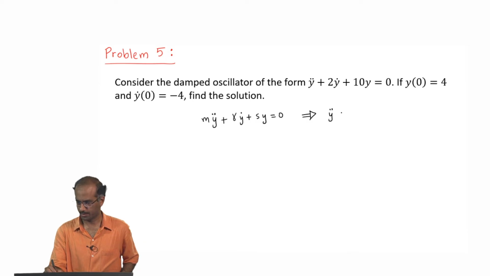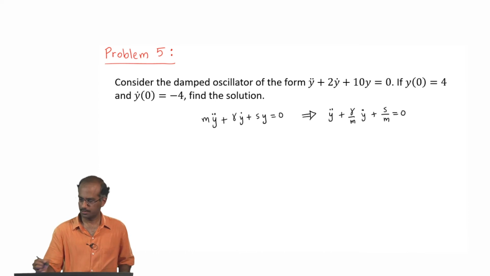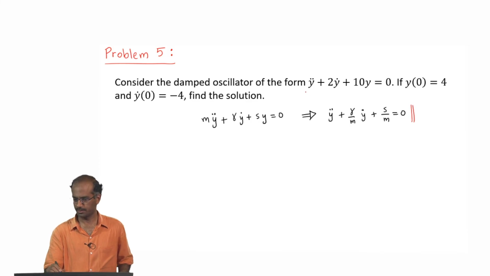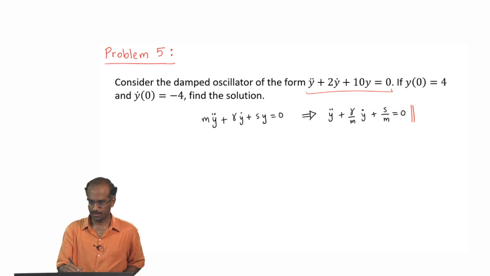So, it will be y double dot plus gamma by m into y dot plus s by m y is equal to 0. Now, when you look at this form of the equation and this equation given here, they are exactly identical, provided we make the correspondence that gamma by m is equal to 2 and s by m is equal to 10.